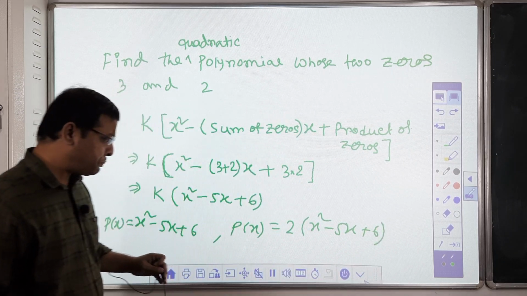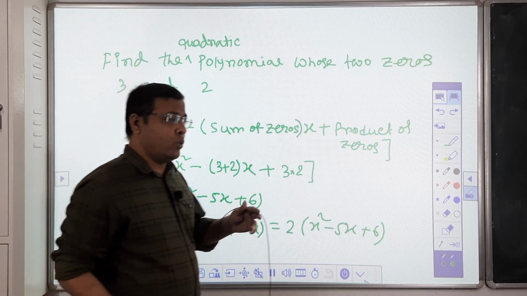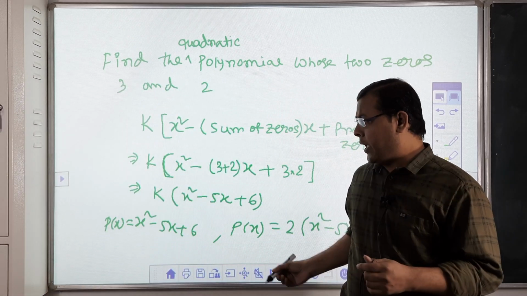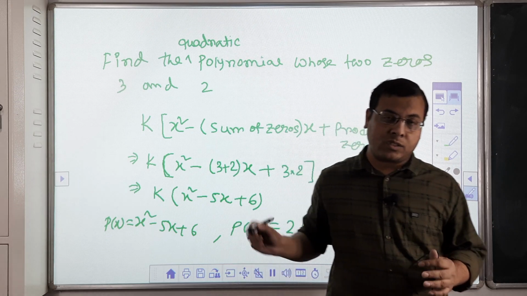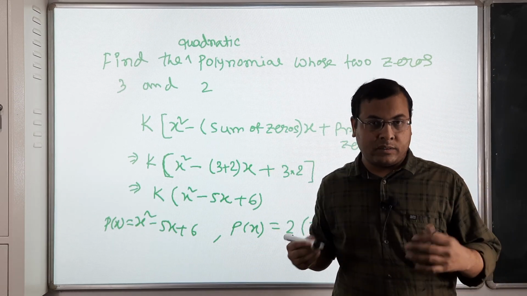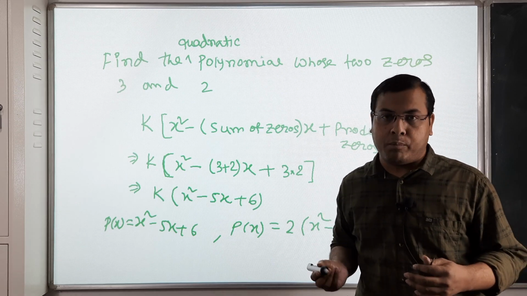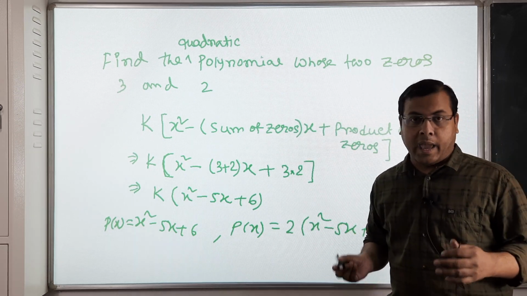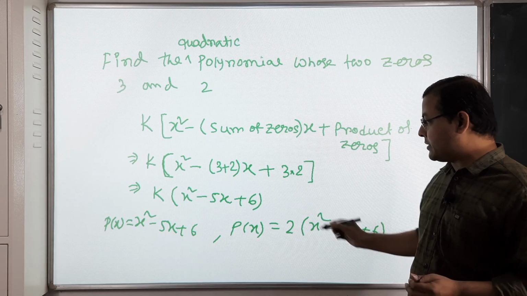That means there is no unique answer, because we learned at the start of the chapter that there are infinite quadratic polynomials having the same two zeros.